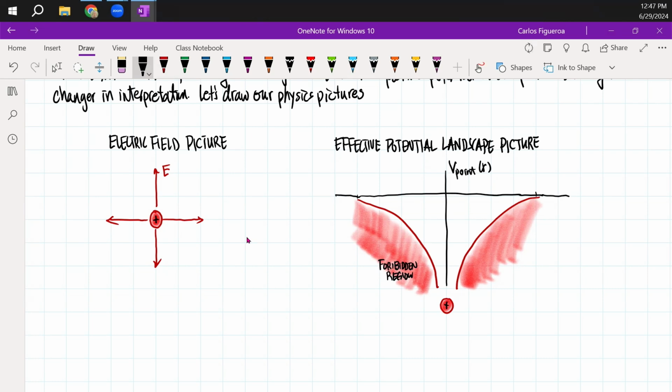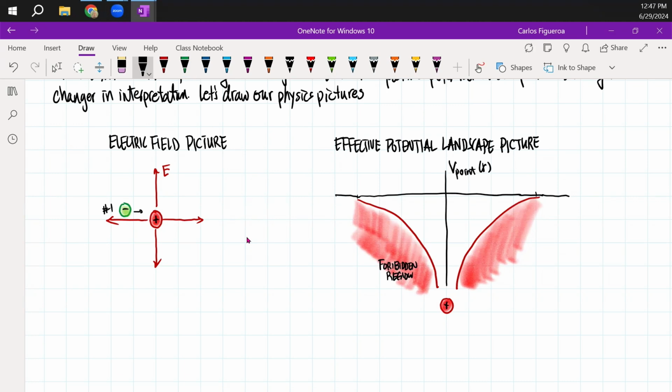So now let's go look at this thing here. Now I have an electron or a negative test charge here. And here it is. It's coming in and it's moving in this direction.